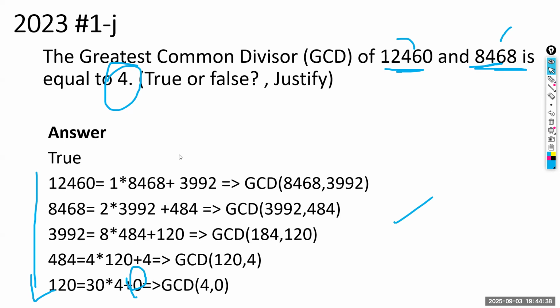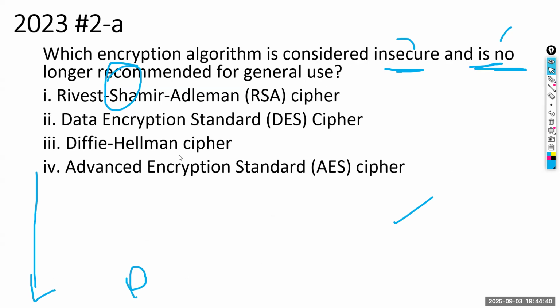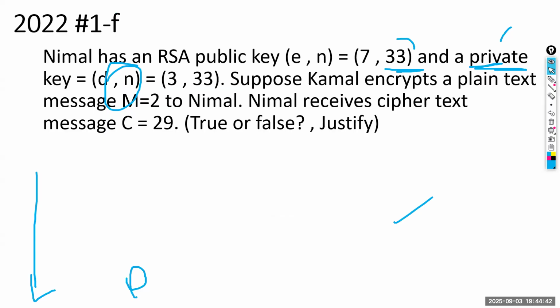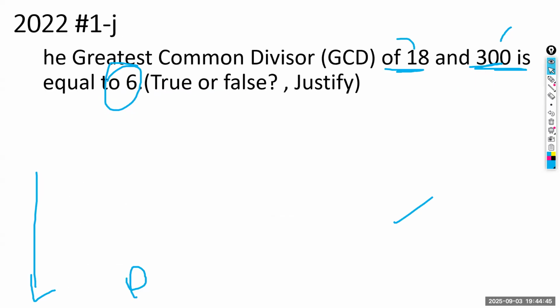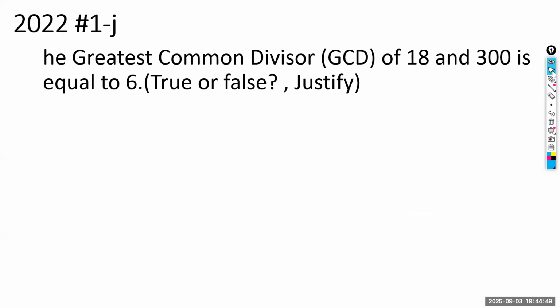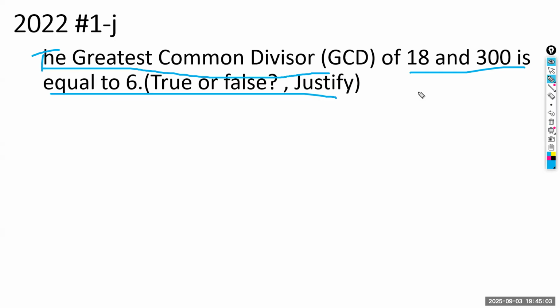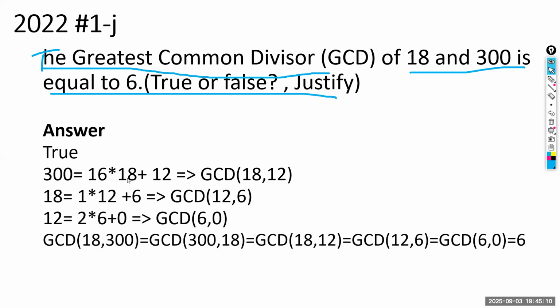You can see the 2023 paper, the 2024 paper had a question. The 2022 paper also has a question. Every year there's a GCD algorithm question. Remember, the examiner has not mentioned what to use, but the easier thing, and the expectation, is to use the GCD algorithm. 300 is how many 18s, and so on.